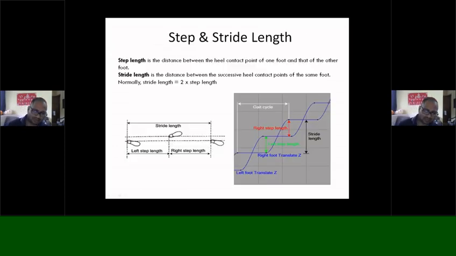Similarly, if you see left foot and right foot, where the left foot is in the stance phase, the right foot is in the swing phase. When the right foot is in the stance phase, the left foot is in the swing phase. Only for this much amount of time you are observing double support phase, that means both feet are on the ground. In one gait cycle, 3 times you are getting double support phase. The rest of the time is single support phase.